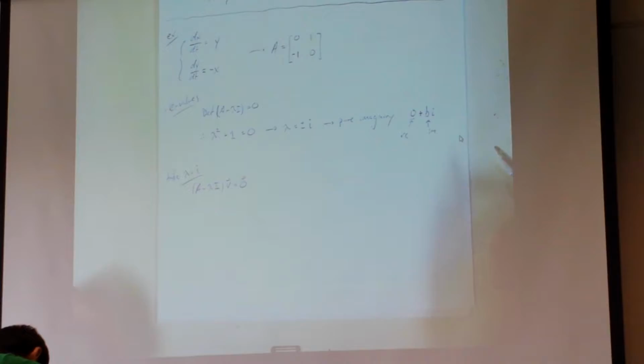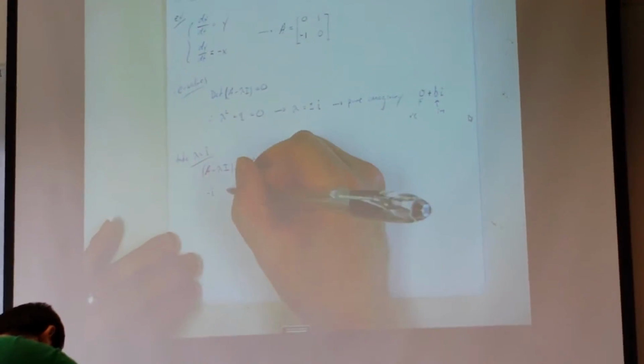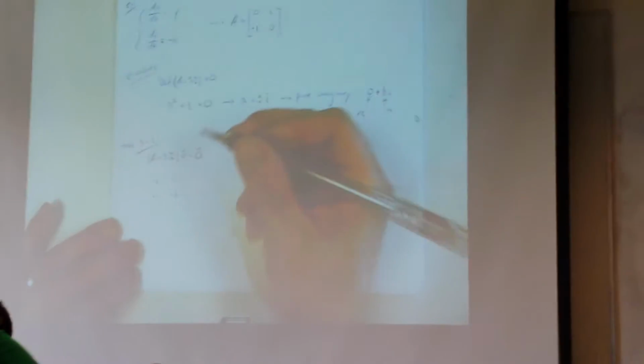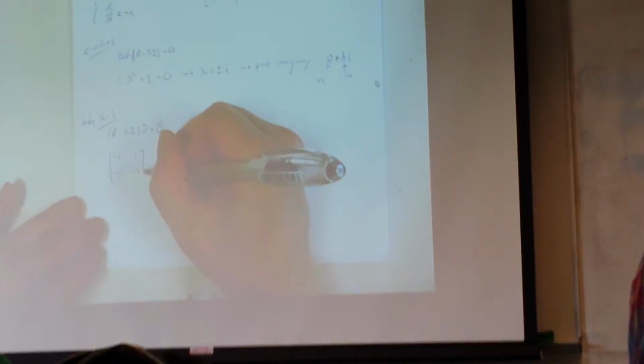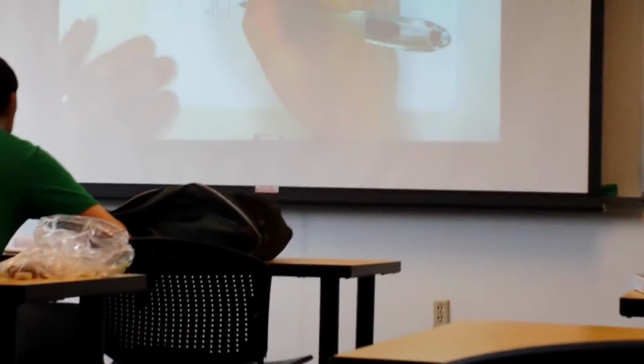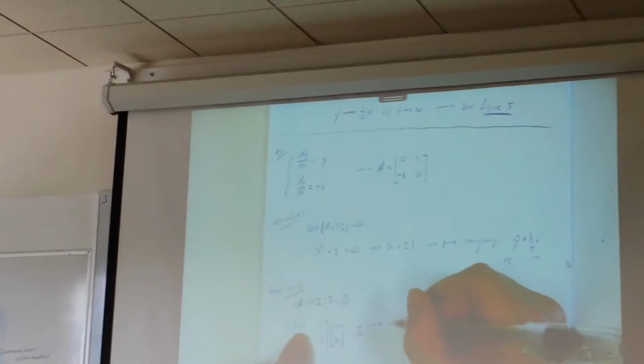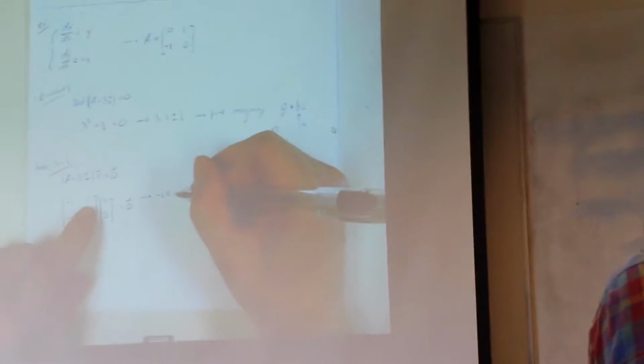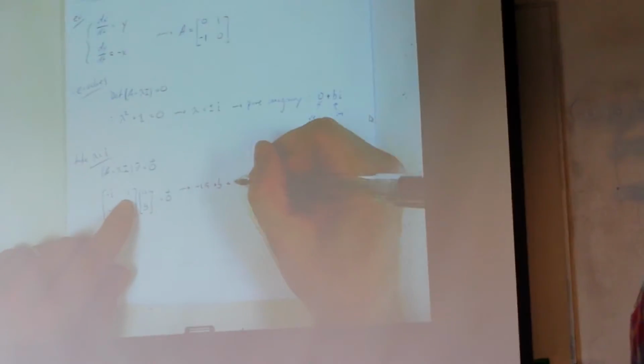Negative i, 1, negative 1, negative i, times a, b. These should yield equivalent equations: negative i times a plus 1b equals 0.